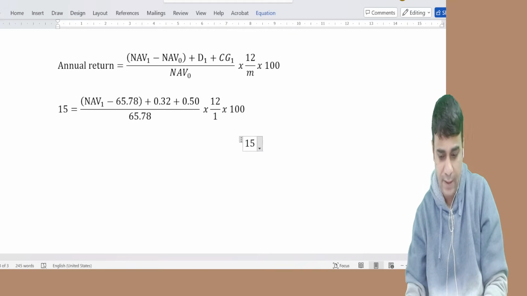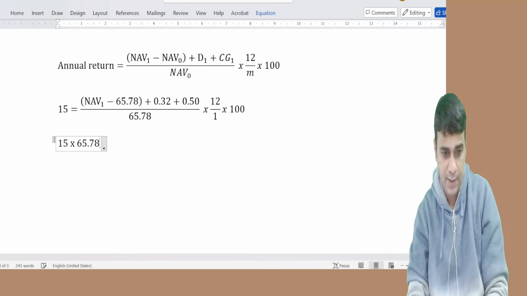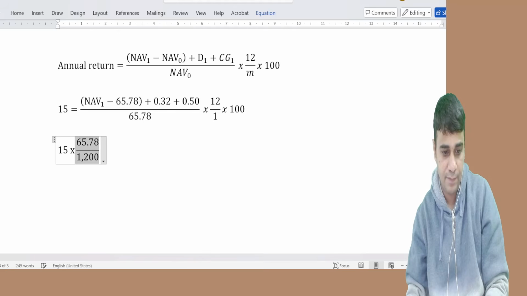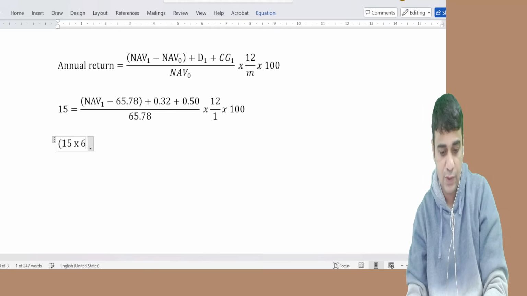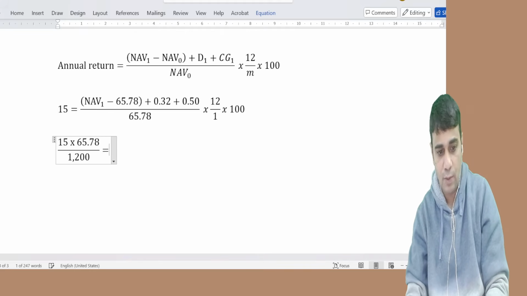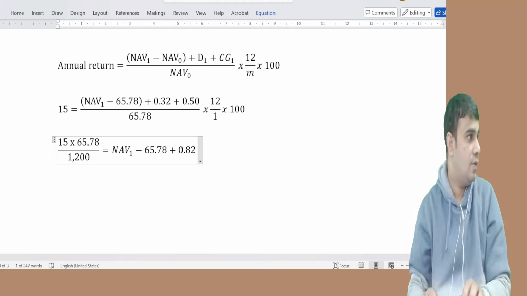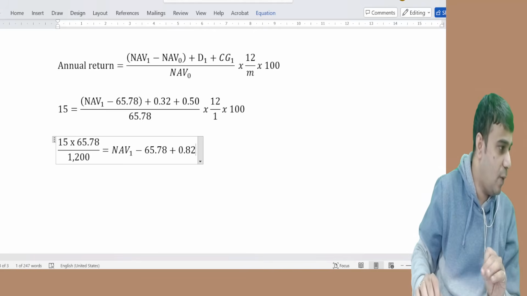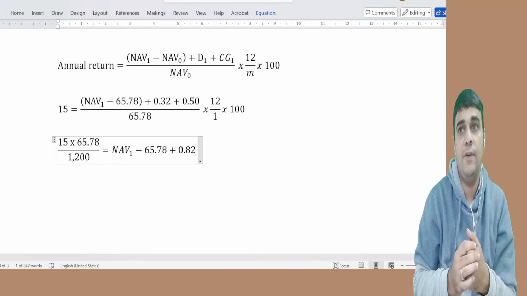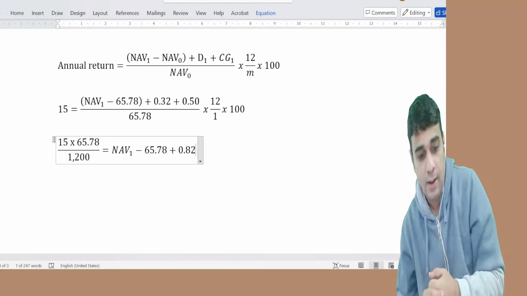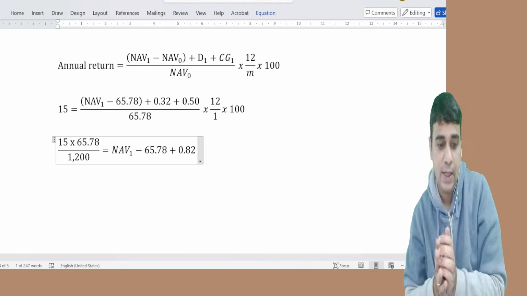Do the calculation. 15 into 65.78 divided by 1200. 12 into 100 comes this side. 15 into 65.78 divided by 1200 is equal to NAV1 minus 65.78, 0.82.